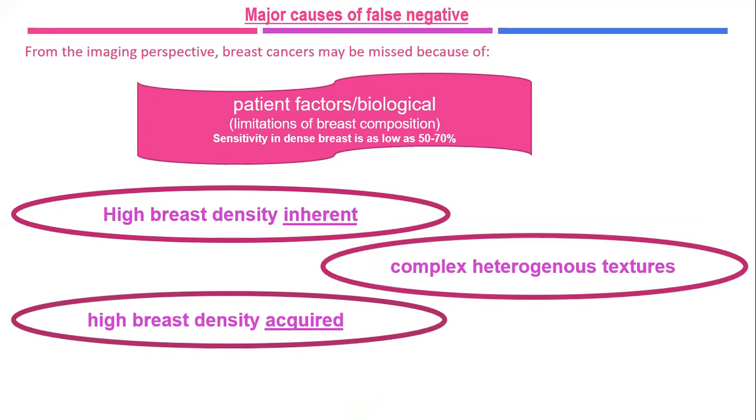There is also one entity affecting mammographic sensitivity, which is complex, heterogeneous texture. The breast density does not necessarily have to be very high, type C or type D, to reduce the sensitivity.